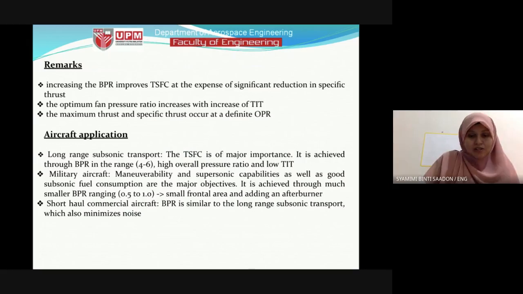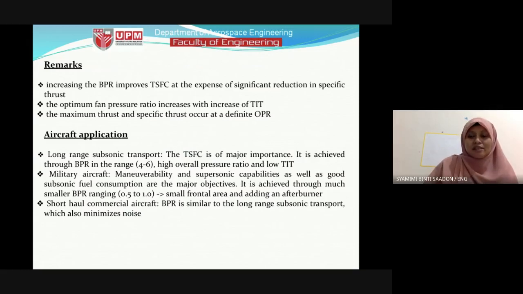What are your missions? For long range subsonic transport, our focus is TSFC. For a long journey, we want to save fuel as much as possible. That's why TSFC is of major importance.